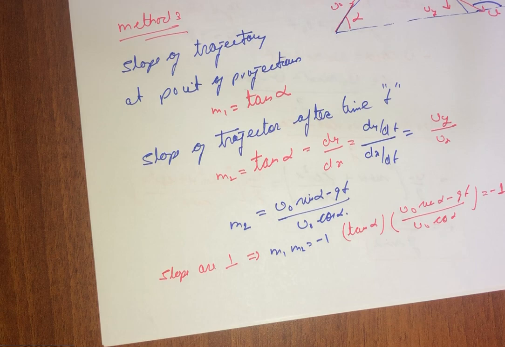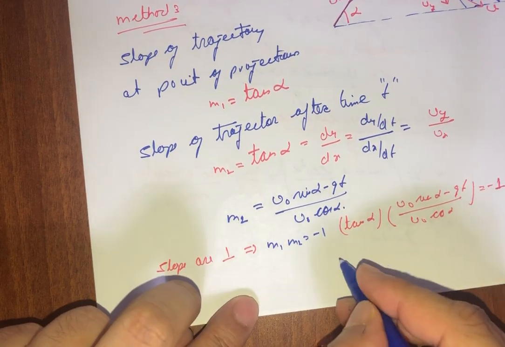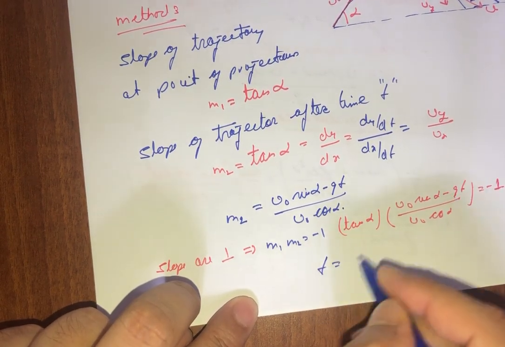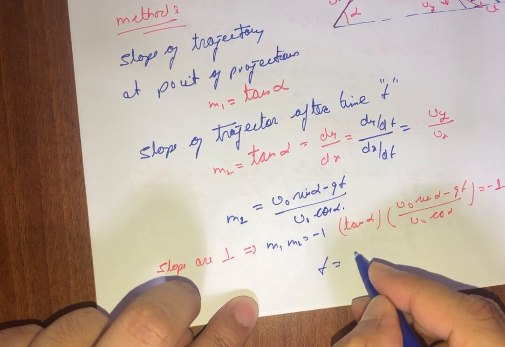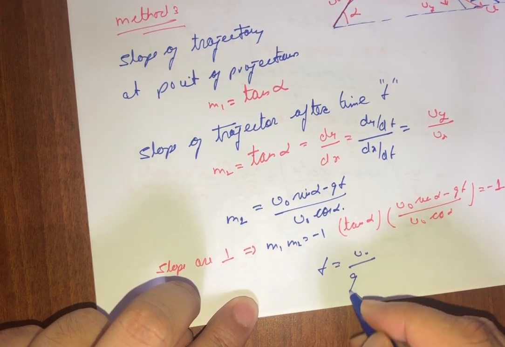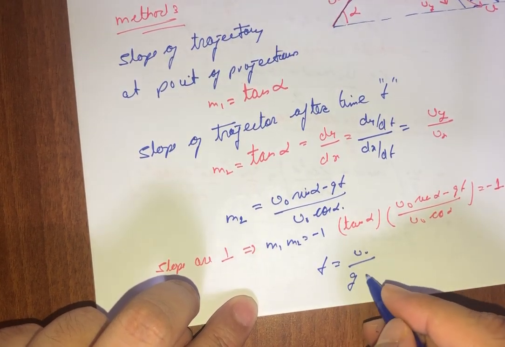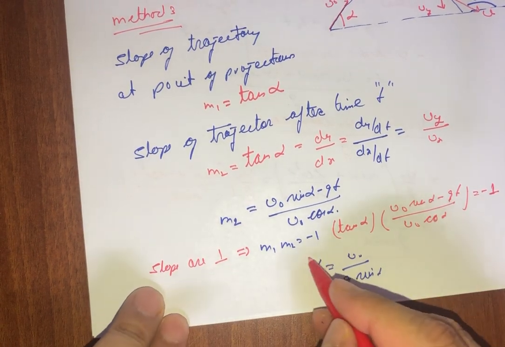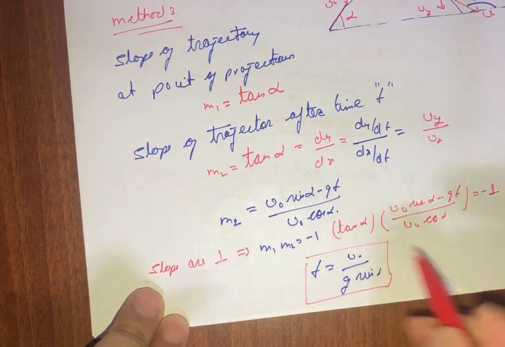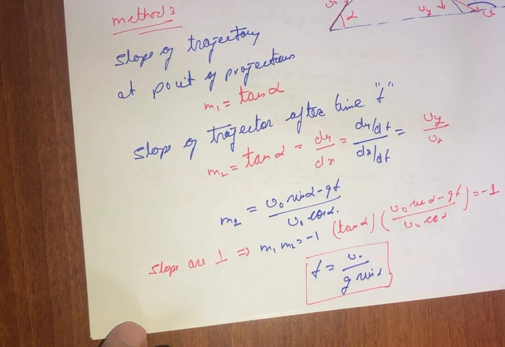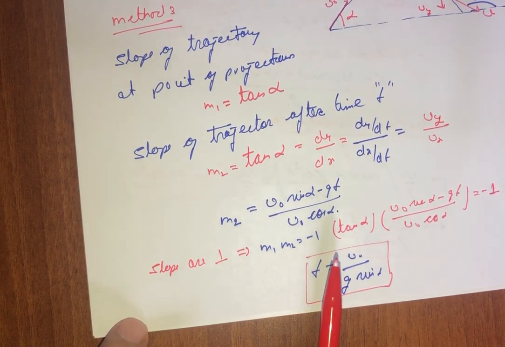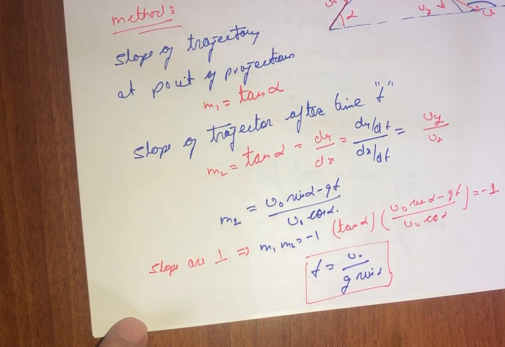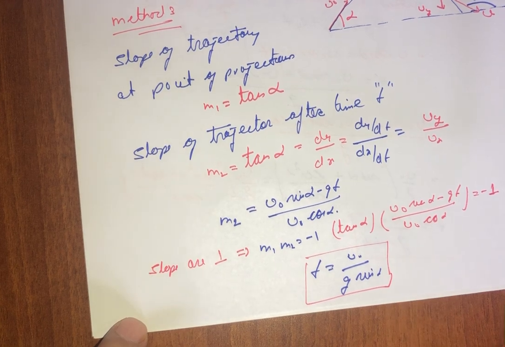So if we solve this equation, we are going to get t is equal to v naught upon g sine of alpha. So this is the time after which the velocity vector is perpendicular to the initial vector. So it means same question, but it can be solved with the help of three methods, three approaches. Thank you.